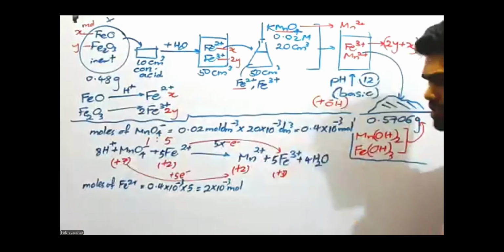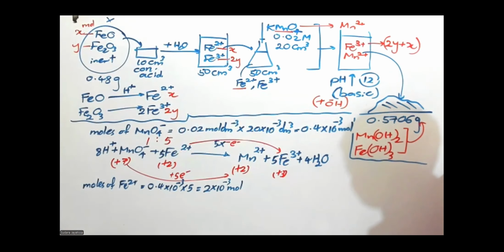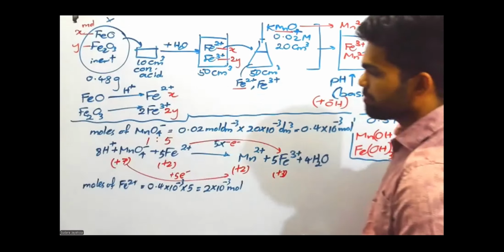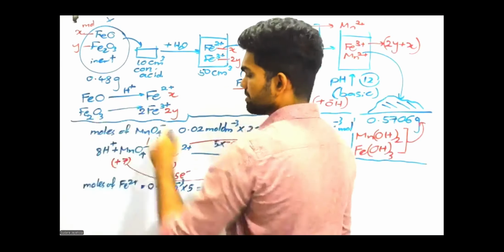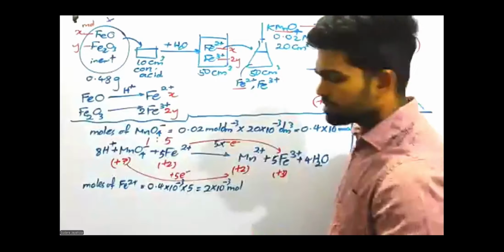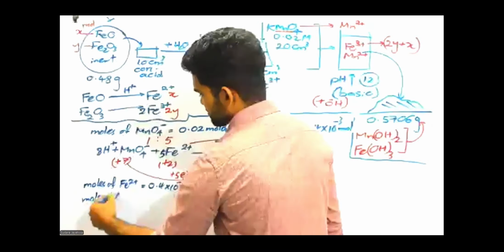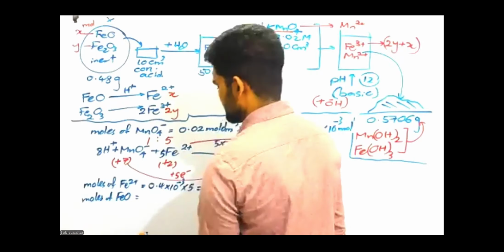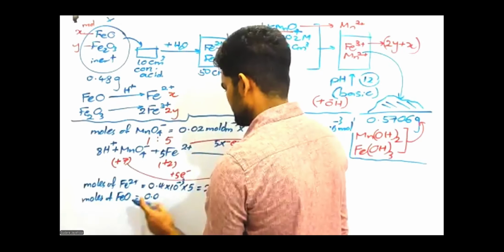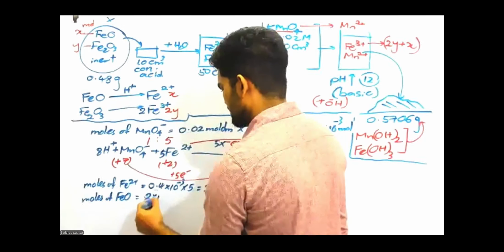That is the number of moles of Fe2 plus. Fe2 plus is given by FeO, so FeO also has the same number of moles. So moles of FeO is equal to 2 into 10 to the power minus 3.